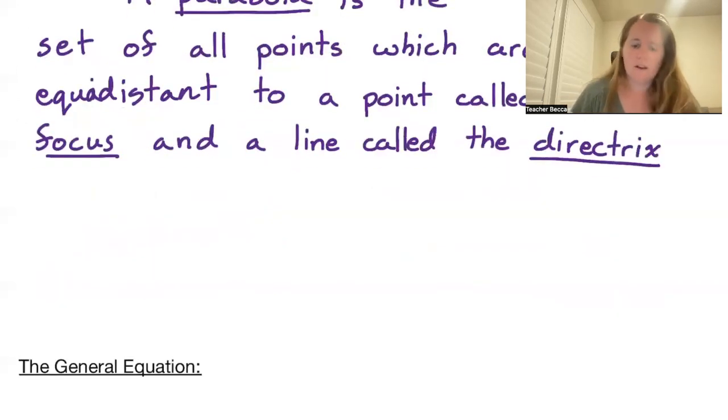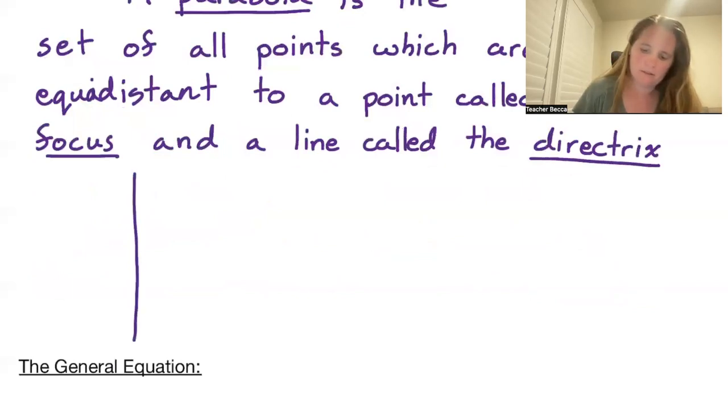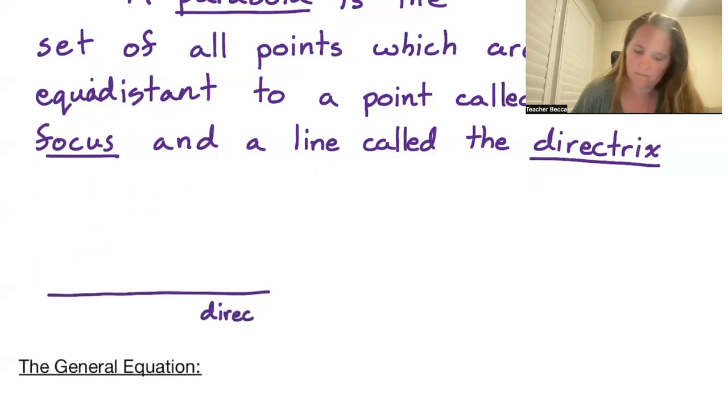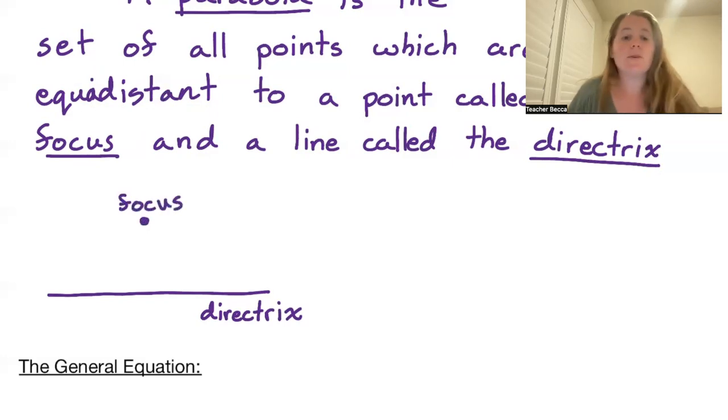So if we were to draw what this means, I'm not even going to draw the axes. So we have a directrix, and then we have a point called the focus. The most obvious point that is equidistant to each of these would be the point halfway between the focus and the line.